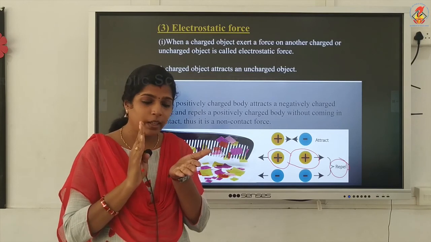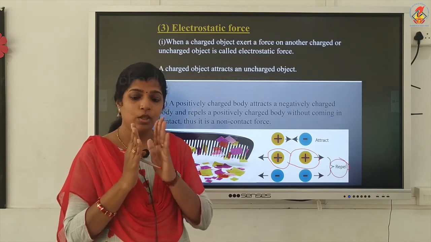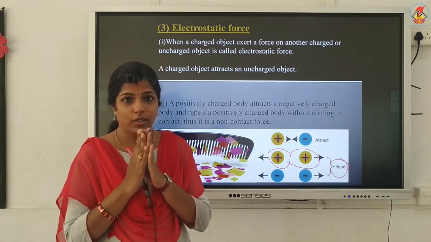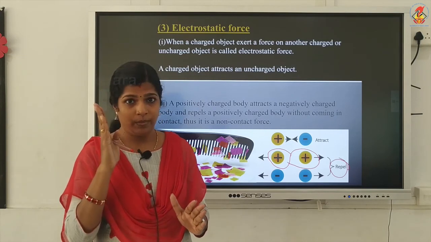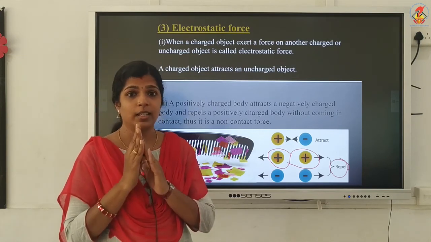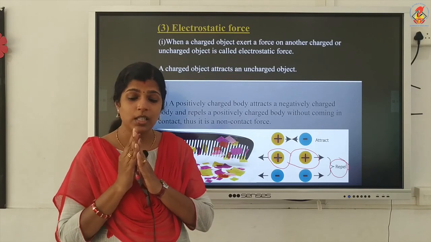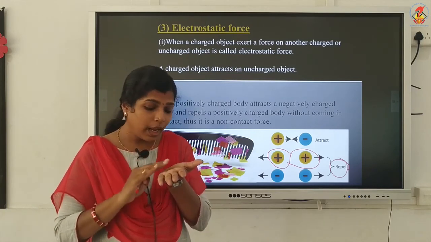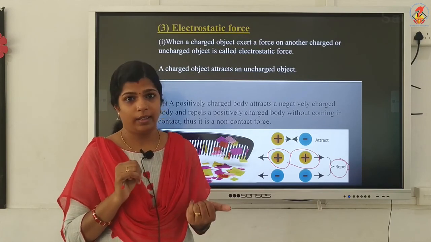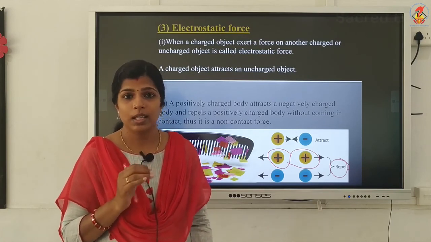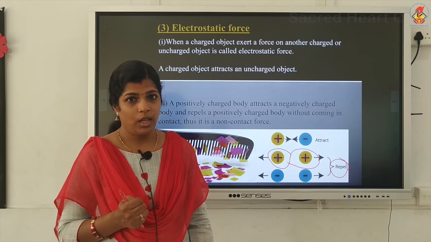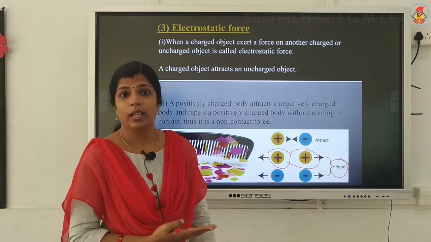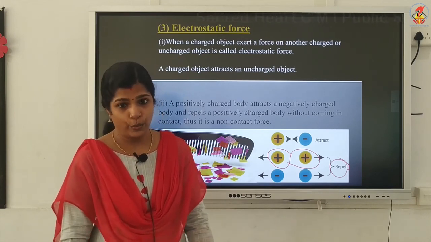The scale is already charged by rubbing, so the charges on the scale will exert a force on the paper, and the paper will get attracted towards the scale. So that is known as electrostatic force.